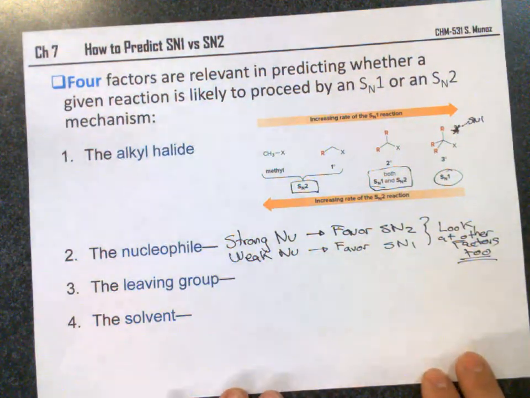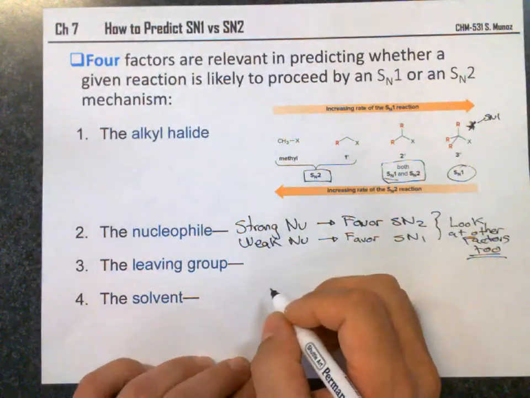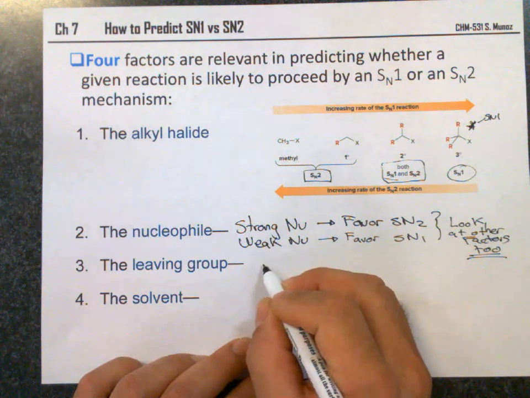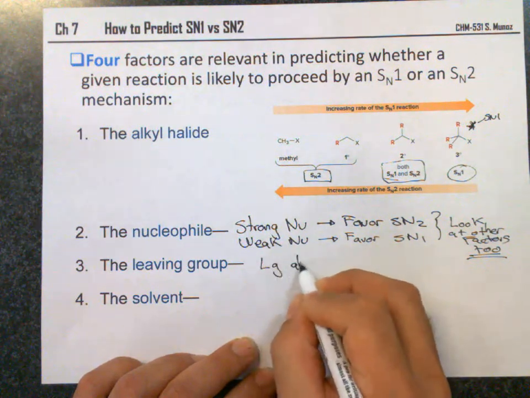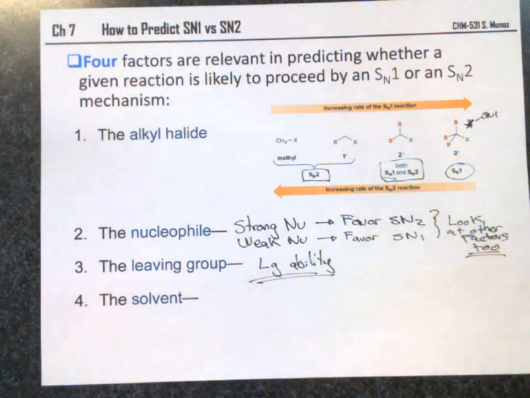So now the leaving group, we understand how leaving group ability correlates. We talked about it earlier. In terms of halides, iodides, bromides, and chlorides, which one's the better leaving group? Iodide is a better leaving group, yes.